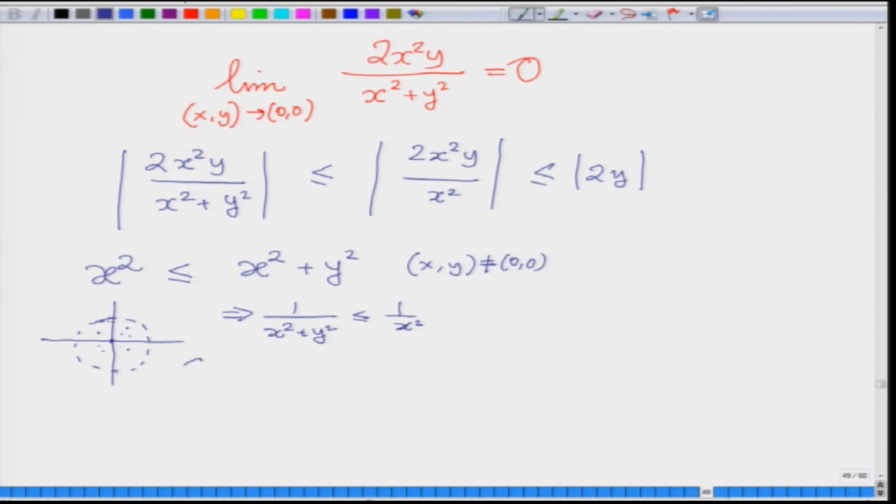So, now choose epsilon to be greater than 0 and delta to be half of epsilon.